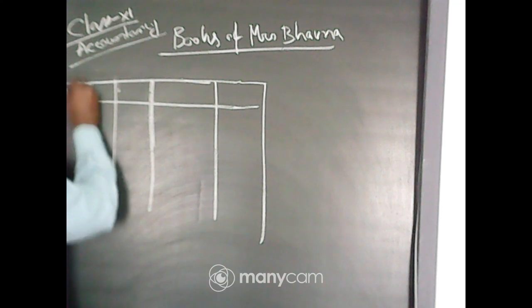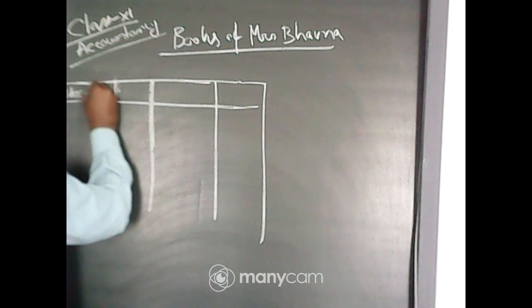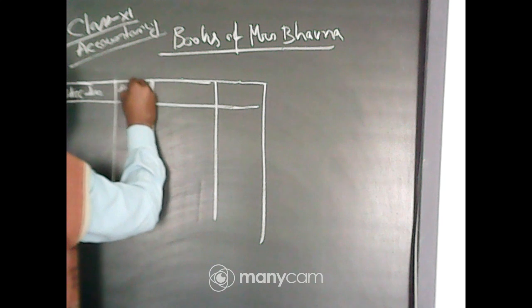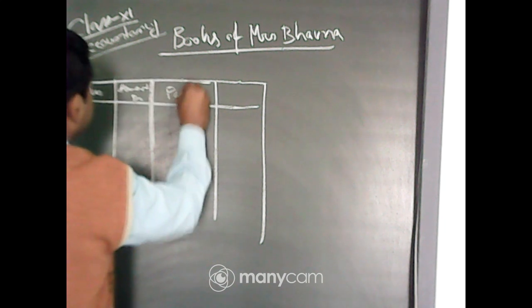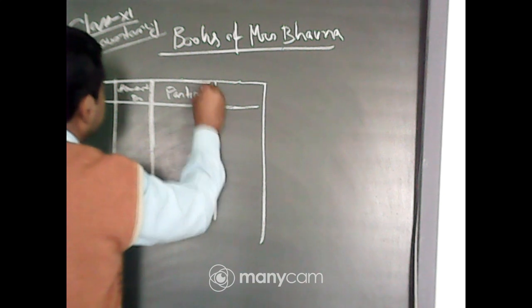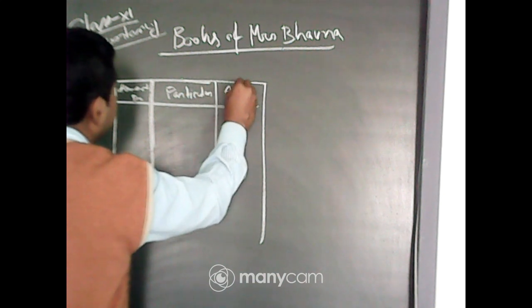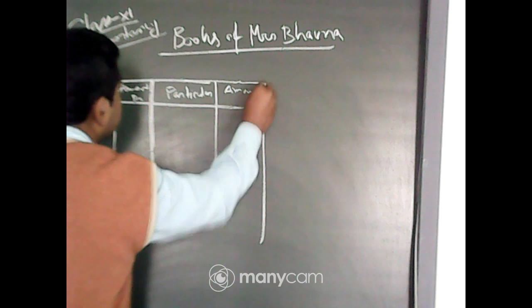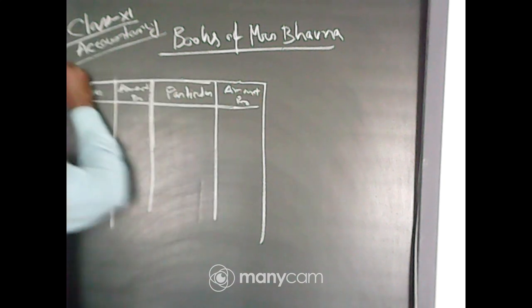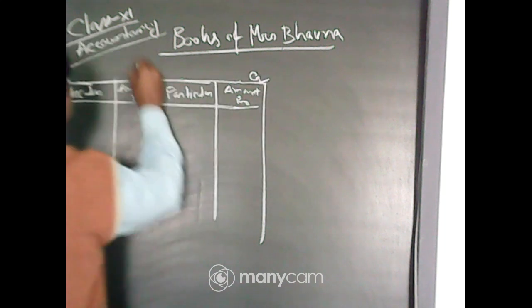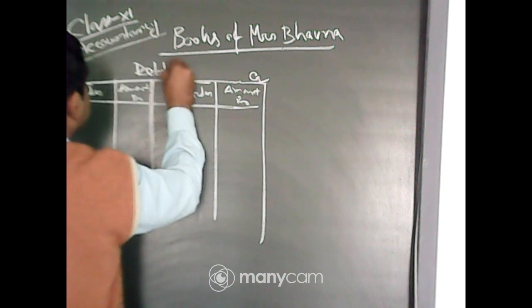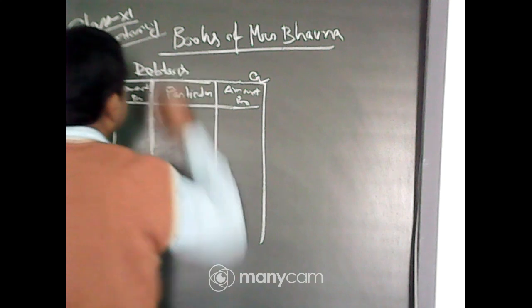You are not maintaining the date here: particulars, amount rupees, and particulars, amount rupees, and there is a debit and that is credit, and that is the debtors account, because the debtors balance is given.